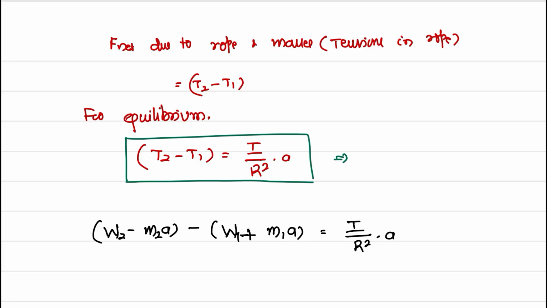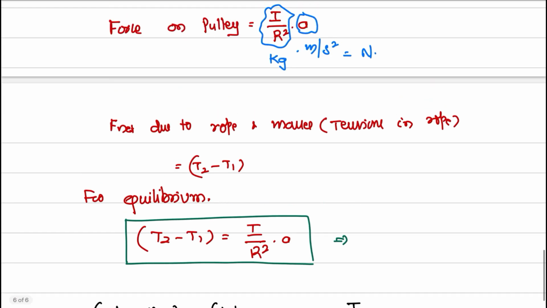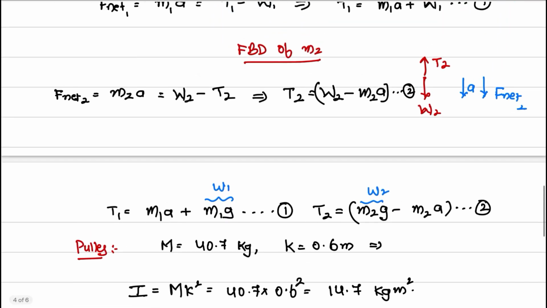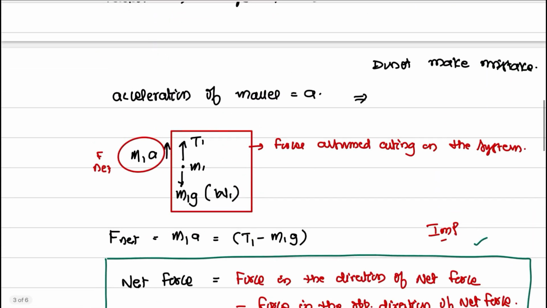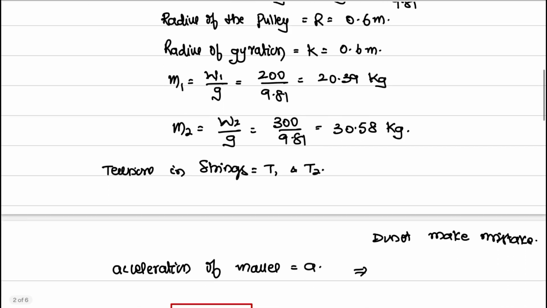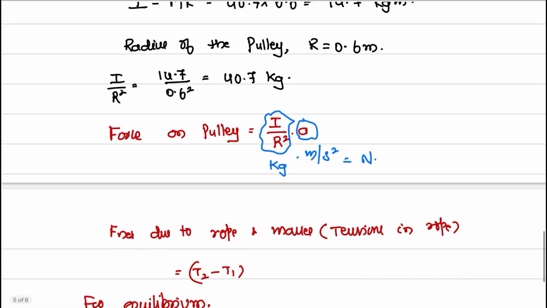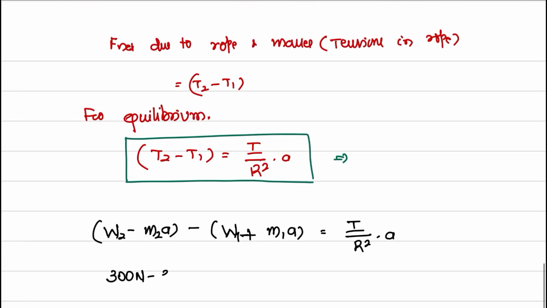What is W2? W2 we have taken as 300 newtons minus M2, which we calculated as 30.58. Don't worry about the numericals.